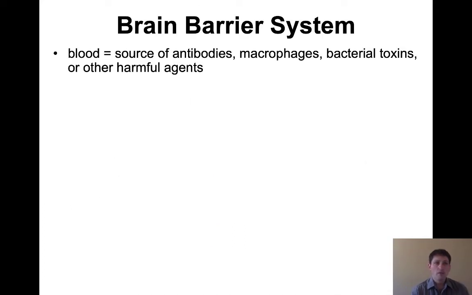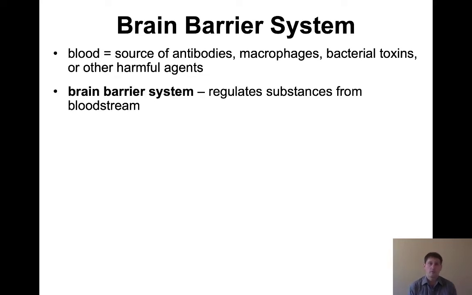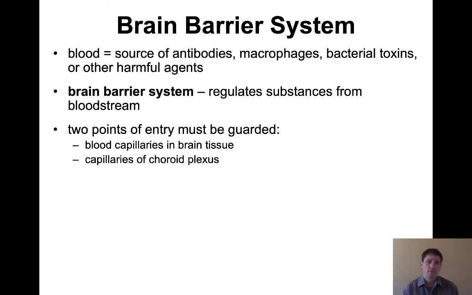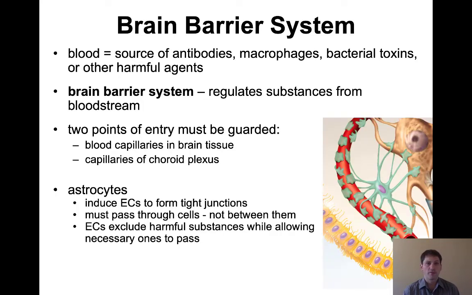So our blood has a lot of antibodies, a lot of macrophages, but it also has toxins and other harmful substances in there. So this blood-brain barrier system is going to regulate the entrance of those harmful toxins. So where can these things get in? Well, they can come in through those blood capillaries, or they could come in through the choroid plexus, which we just mentioned, and get into that cerebrospinal fluid.